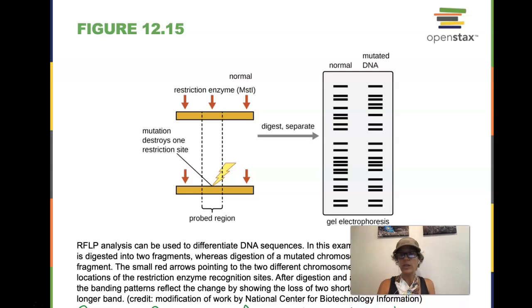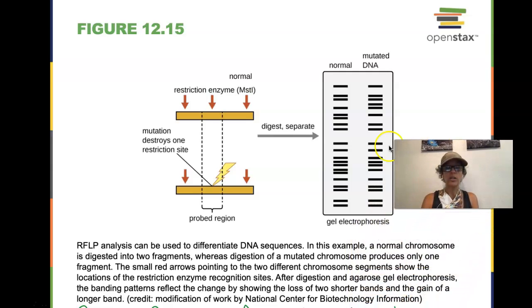We can use this for a technique called restriction fragment length polymorphism. For a restriction fragment, we're going to cut the DNA with a restriction enzyme to create fragments. Length polymorphism means that between two samples, the lengths of the DNA created by this very same restriction enzyme will be different.